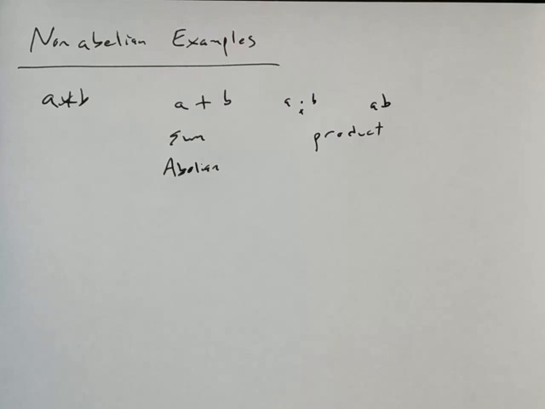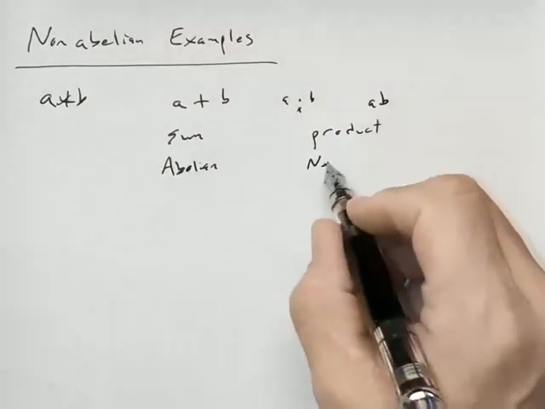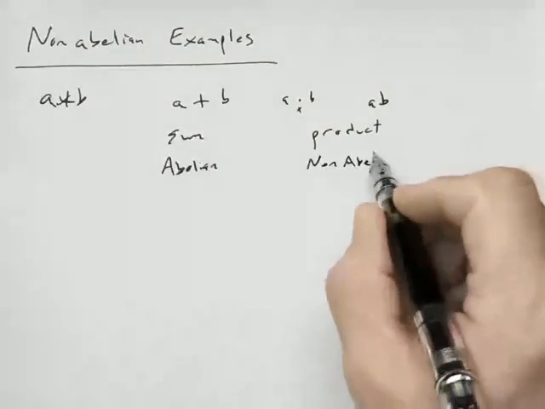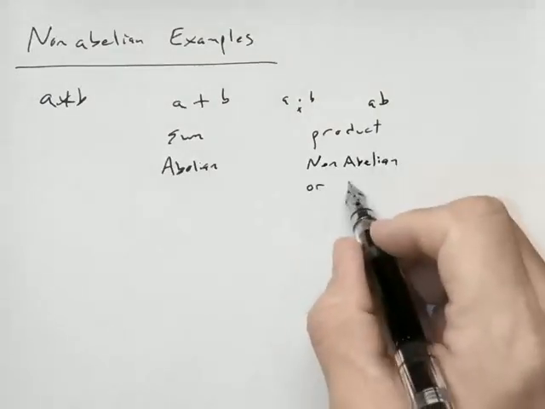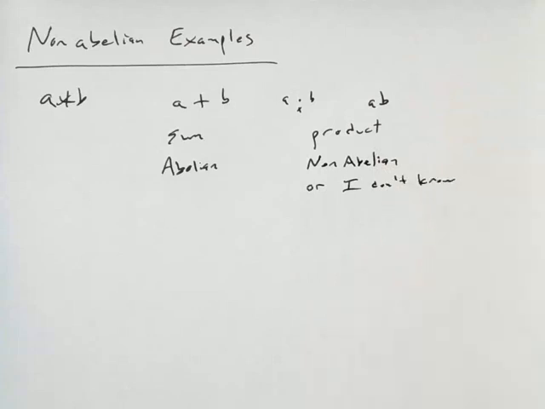And that means more often than not, I'll use a product if I know it's non-abelian or I don't know. Now that means I can go prove that a group is non-abelian and use multiplication, or I can, in multiplicative notation, prove that my group is abelian. It's going to depend on what I end up with.